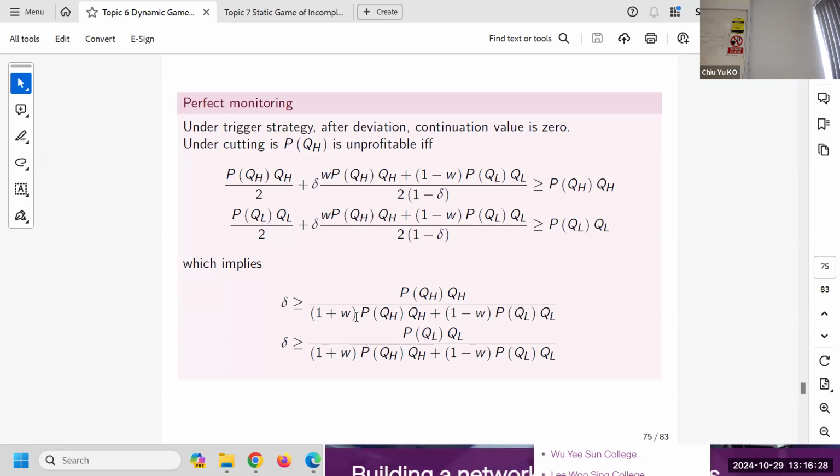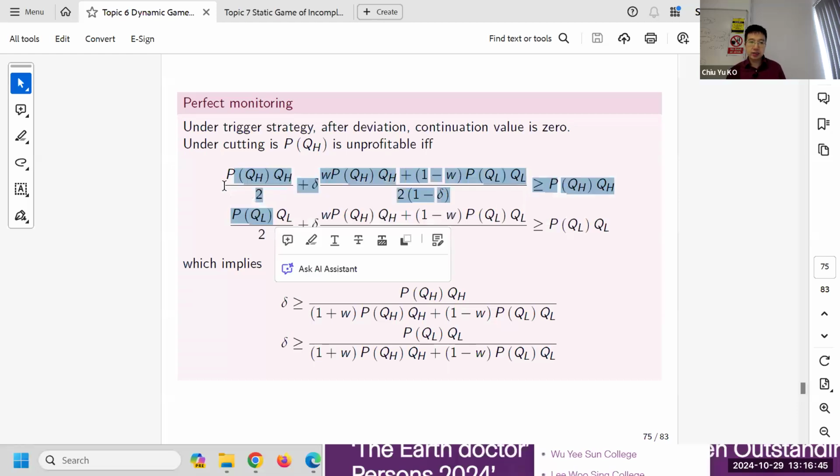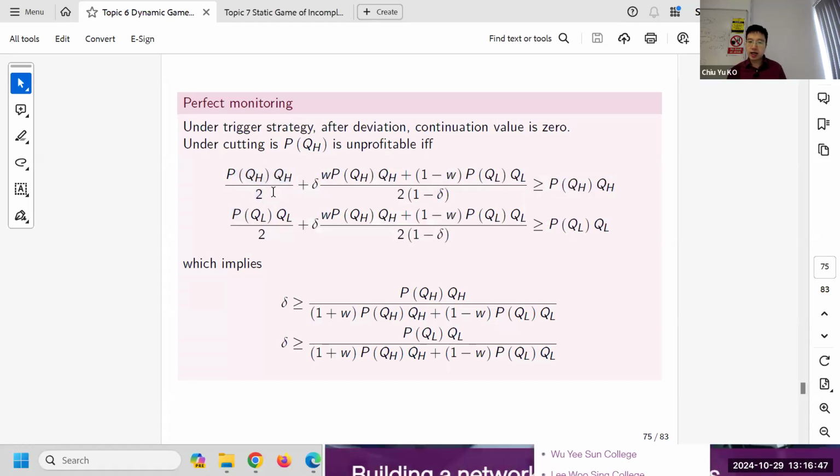So we want to see whether we can sustain QH. If we follow what we're supposed to do under QH, we get this: half of the profit, since we charge the same price.